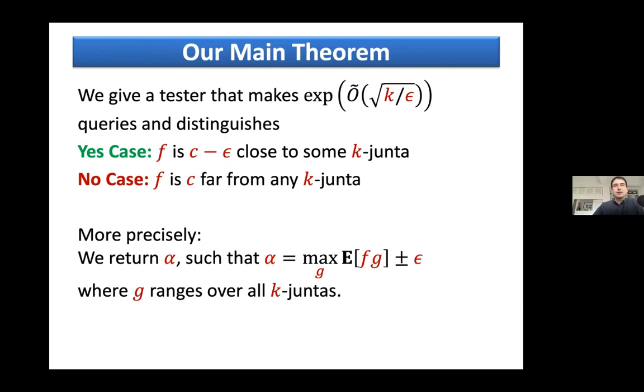Notice that estimating the best correlation is, up to a linear transformation, the same as estimating the distance of the function. The distance of f and g can be written as 1 minus twice the correlation or something like that.